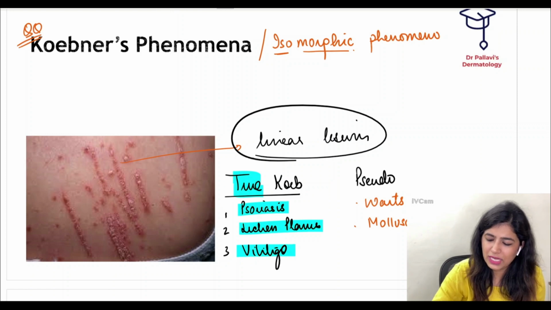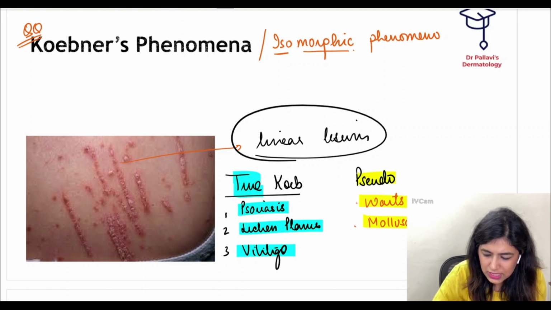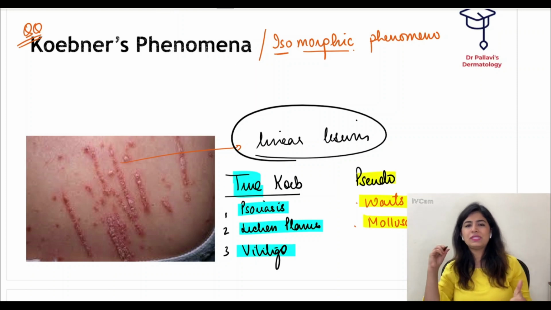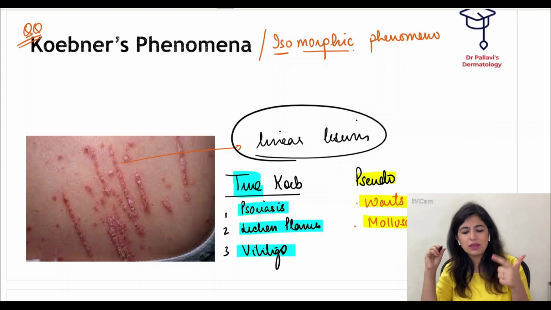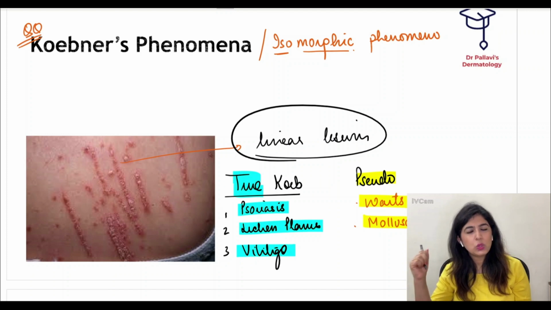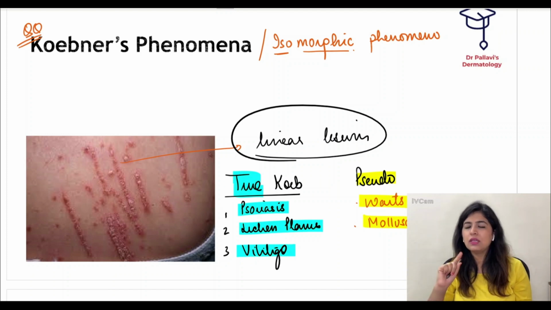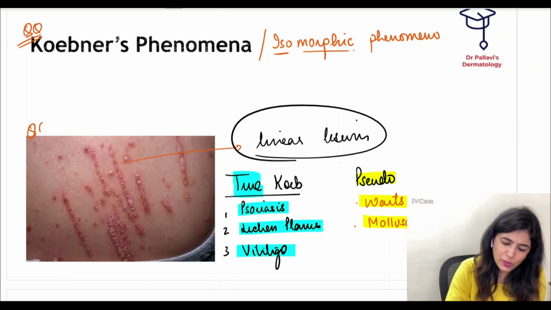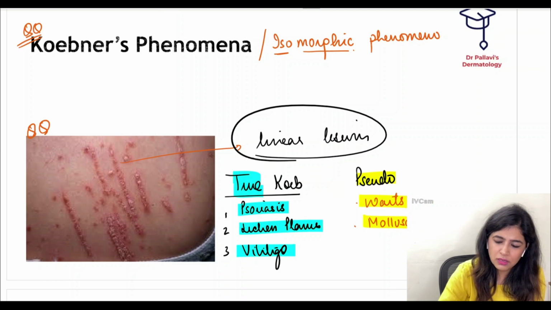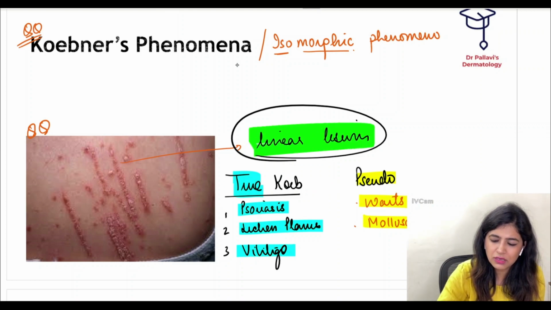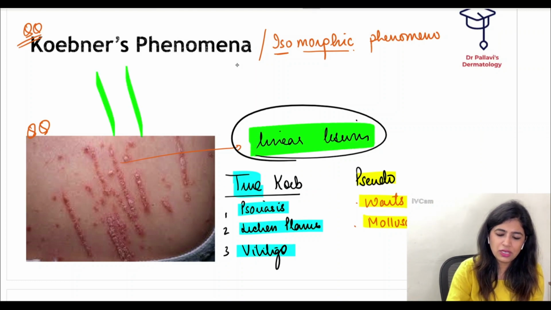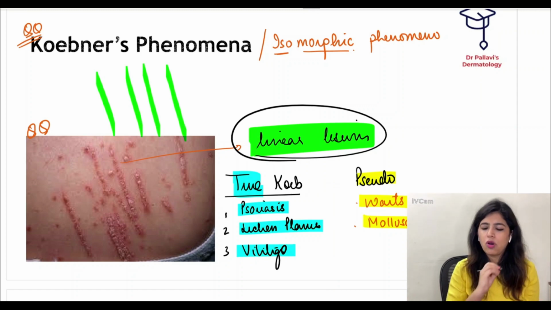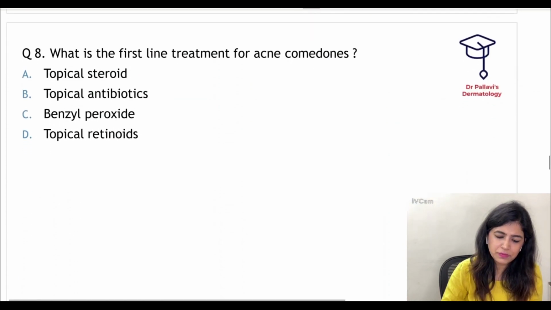Very, very important questions are the causes of these true and pseudo Koebner. True is seen in 3 disorders: psoriasis, lichen planus, vitiligo. Pseudo Koebner is seen in 2 viral infections of the skin, warts and molluscum contagiosum. If you get it as an image-based question, I just said look for these linear lesions. When you see such linear lesions, think of Koebner.